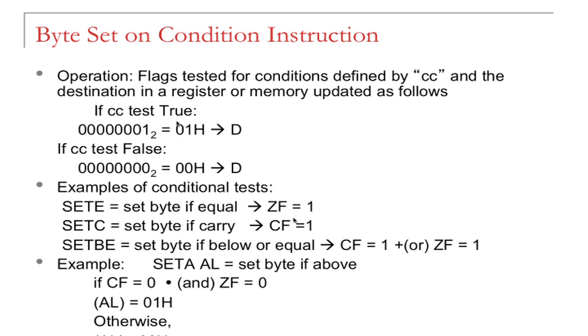For example, SETE will check the zero flag, and SETC will check whether the carry flag is a 1 or not. So this is something that's used after one of the other instructions, where you do something and then you check and see what the flag is. Yep. So these are the conditional instructions that we talked about.